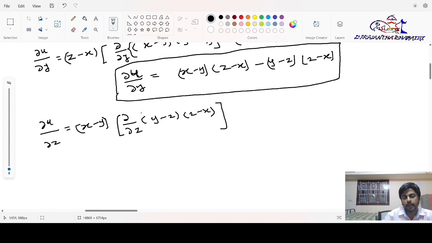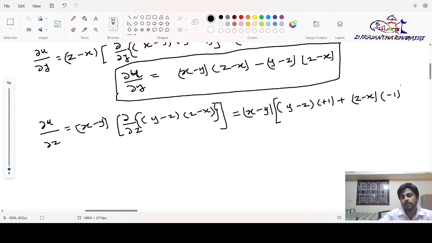Now you will get x minus y into uv dash plus v dash, so y minus z into minus with respect to z, so it is plus 1, uv dash plus v dash, z minus x into minus 1.